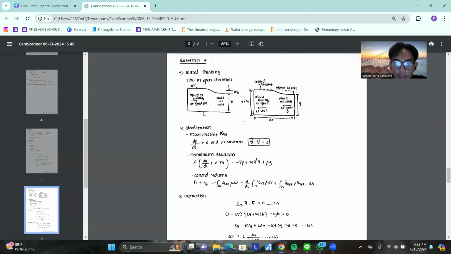So this picture is to define some absolute coordinates when this flow in open channels, that wave moving at speed c to these sections by fluid moving at speed c delta v, as you know about, and fluid at rest.